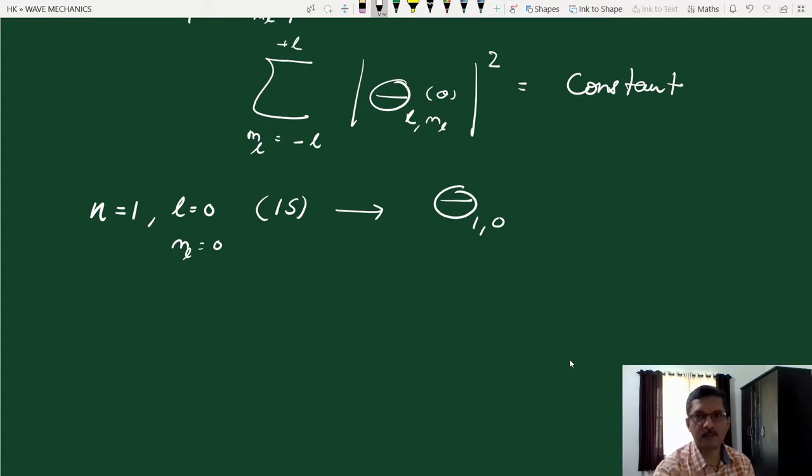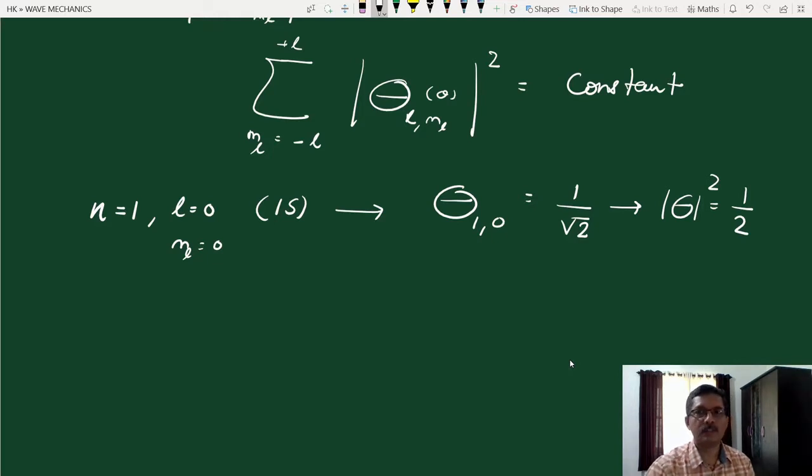So it is theta 1, 0, and its value is 1 by root 2. So mod theta square is 1 by 2. It's a constant, so there is no need to do any summation because there is only one ml value for L equal to 0, which is ml equal to 0.